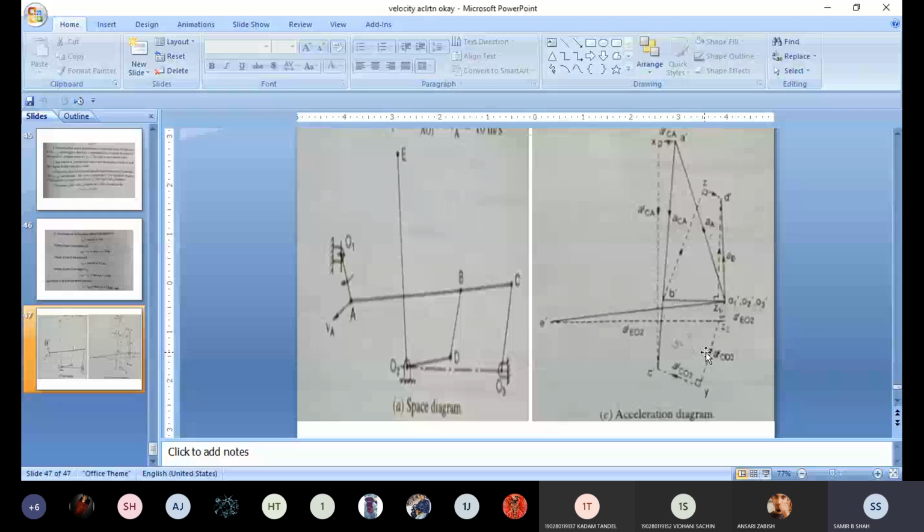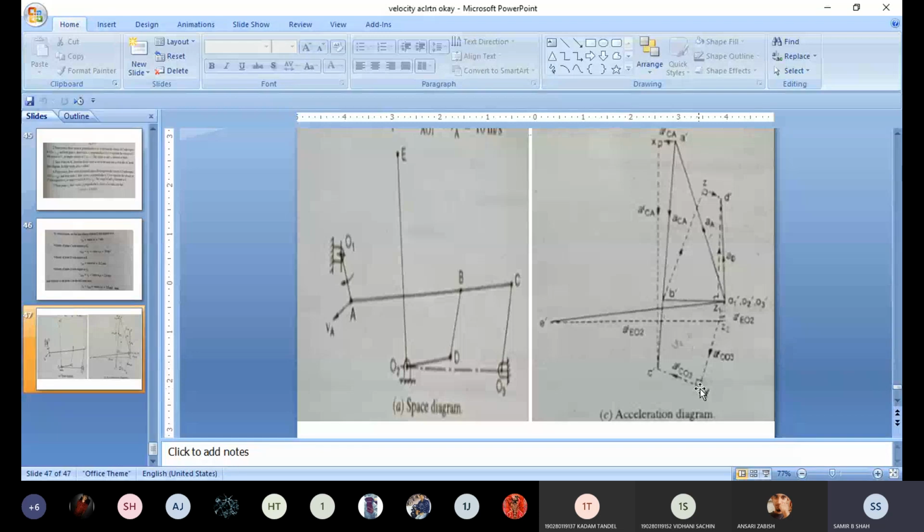We consider the radial part of CO3. As we know, the radial part of CO3 is equal to 500 meter per second square, and taking the scale of 100 meter per second square equal to 1 centimeter, from O3 dash we take this line up to Y, which is equal to 5 centimeter.